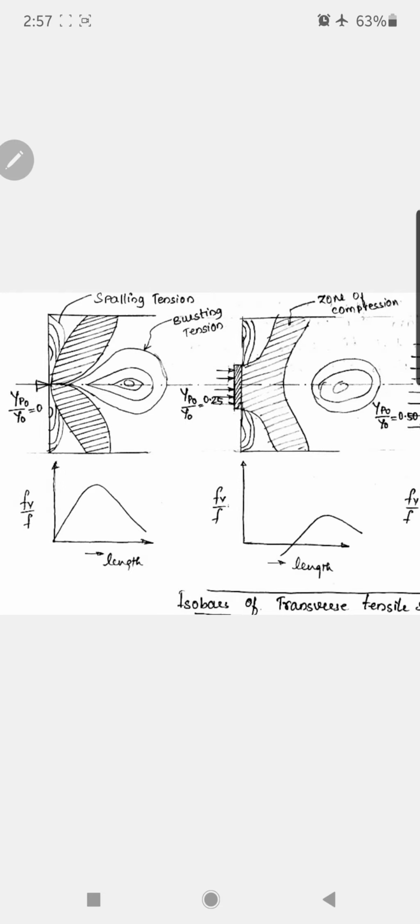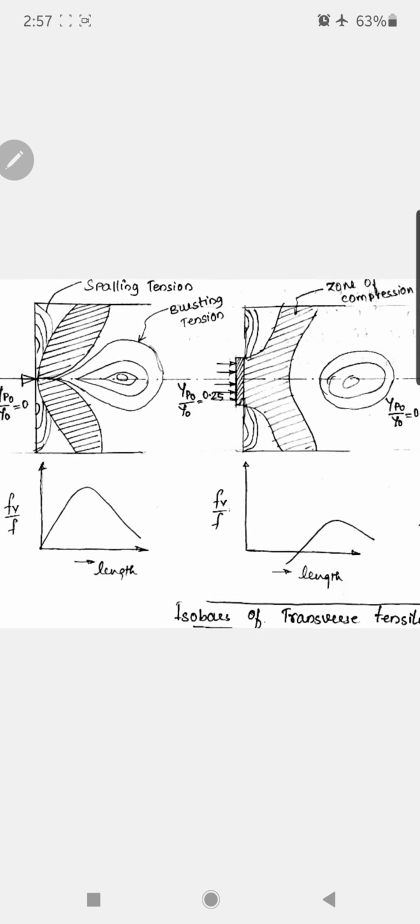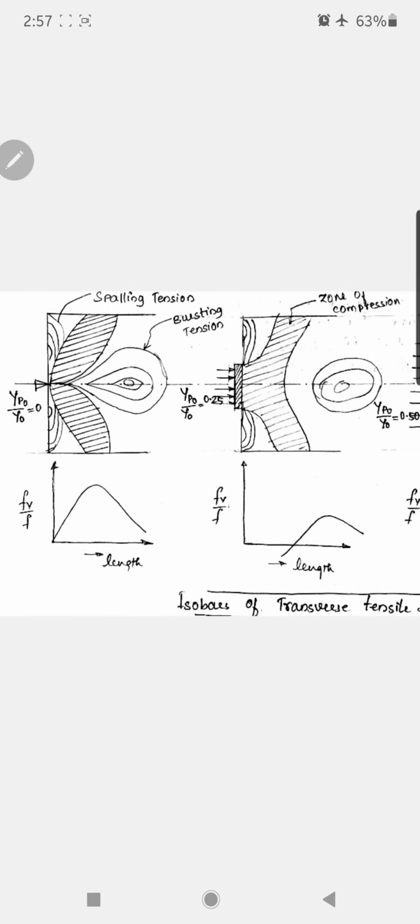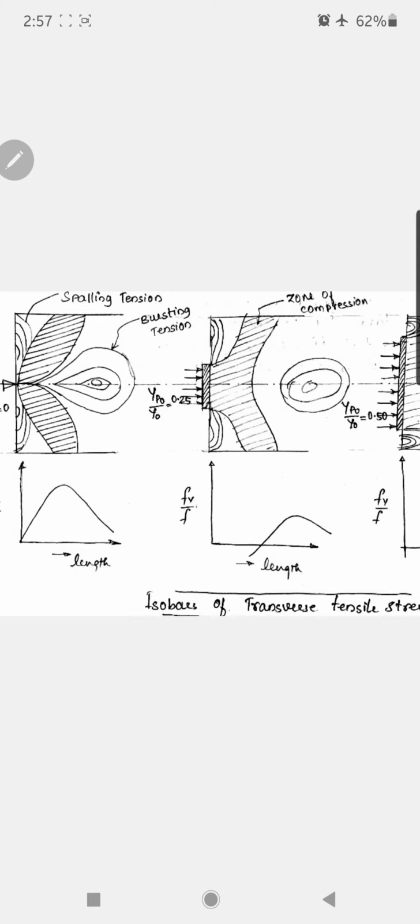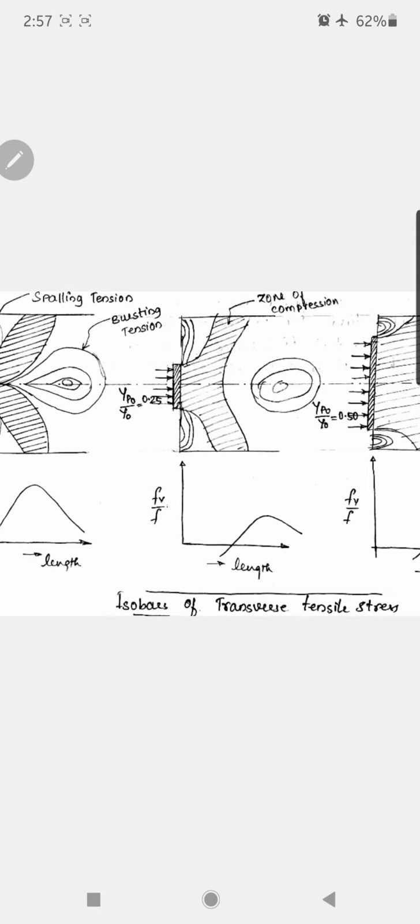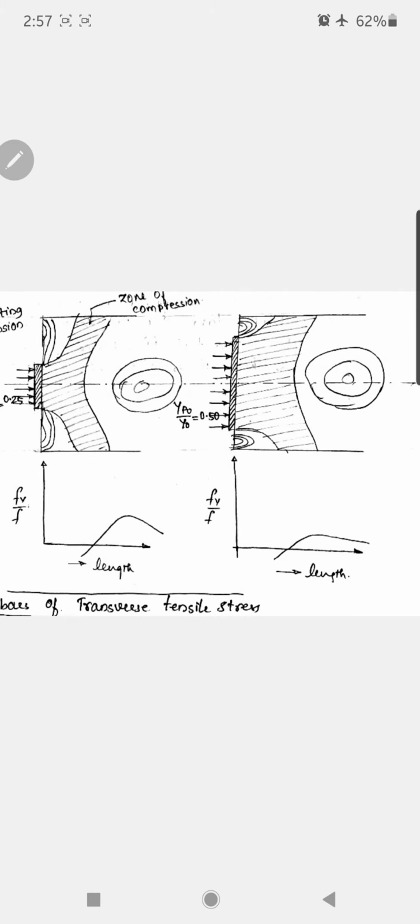And if I take the ratio of the transverse stress Fv to the horizontal compressive stress F, and compare for these, with increase in the depth of the anchor plate we see that the ratio is getting reduced.